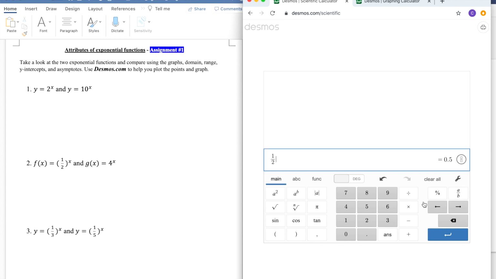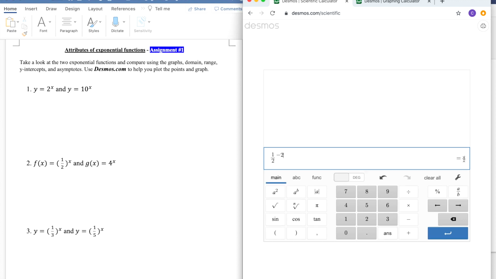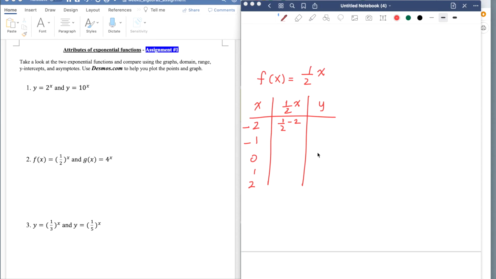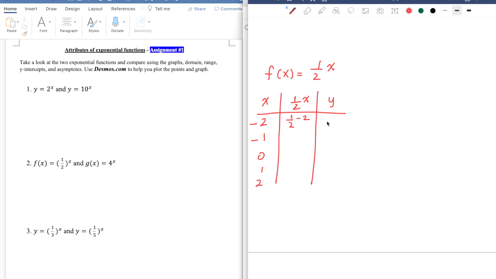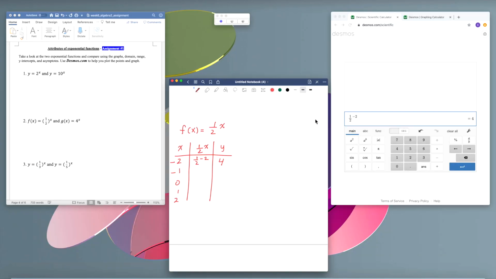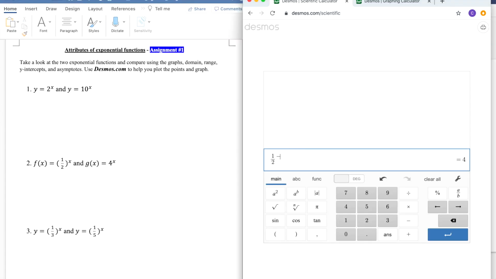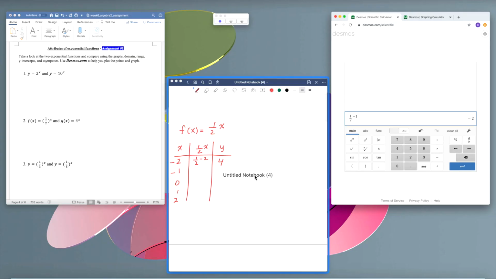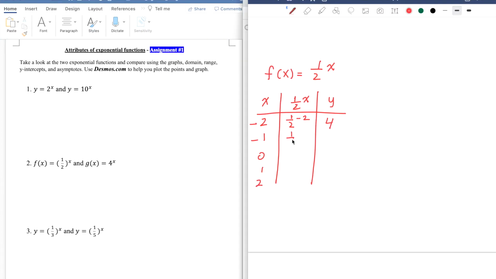You can again click on this button for the exponent, or you can do shift 6. When x is -2, it tells me it's 4. When the exponent is -1, it's 2. Anything to the power of 0 is 1. Anything to the power of 1 is itself.